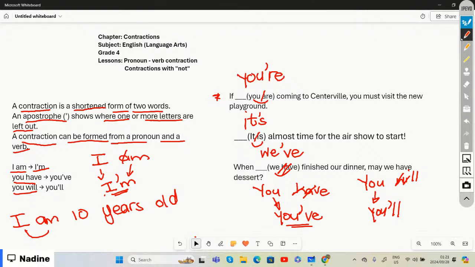We have, we've finished our dinner, meaning it's more than one person. We've finished our dinner. May we have dessert, right? So that is but a few examples of contractions, how to also use contractions, and how to form contractions.